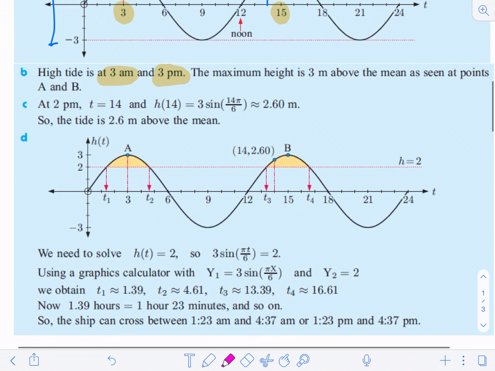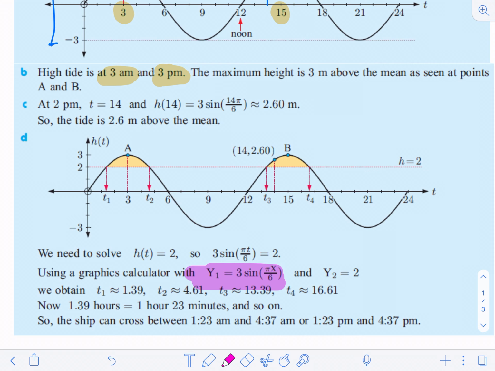So what we're going to do is, in addition to graphing the function itself, put in your graphing calculator y equals 3 sine of pi x over 6, and also graph y equals 2. Then we get this dotted line across, and that's the level where the tide is equal to 2 meters.